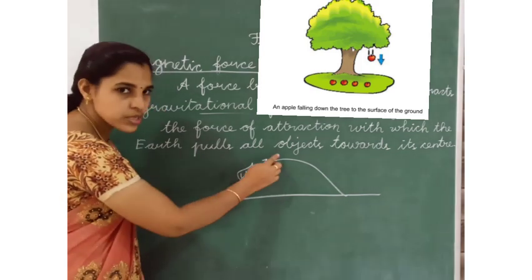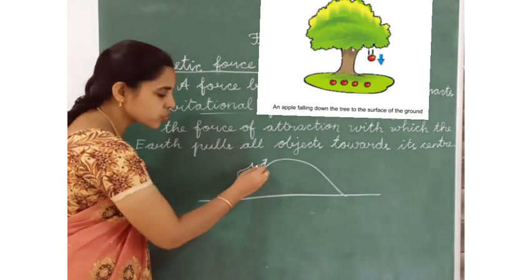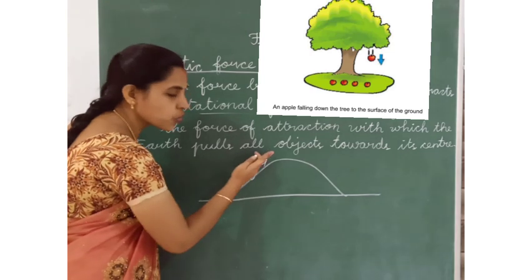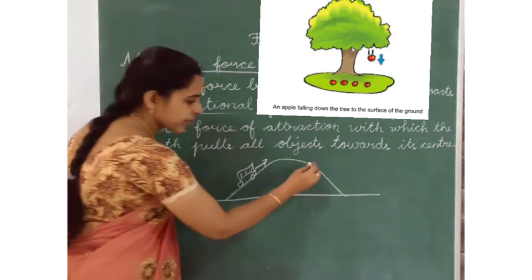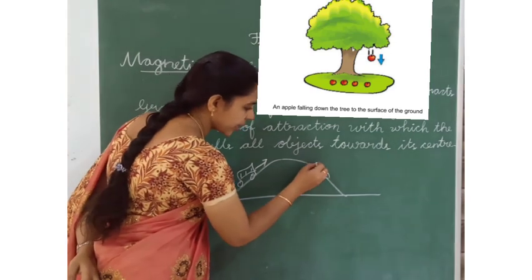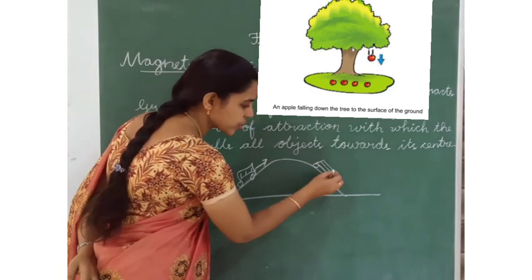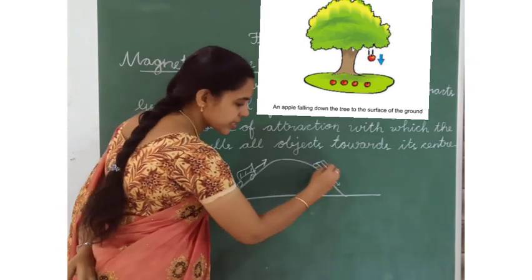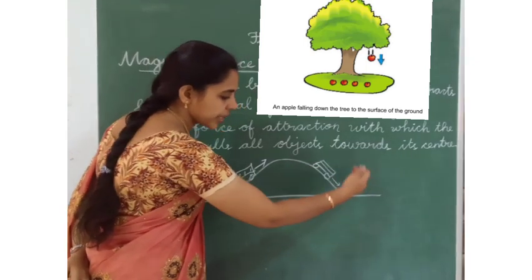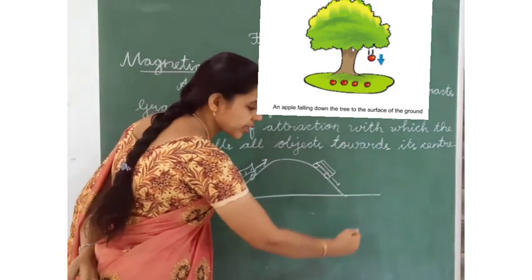When the vehicle is moving downhill, it is easy to move down because the force is applied in the same direction. The earth is pulling the vehicle down.